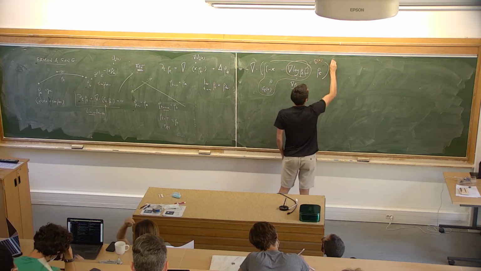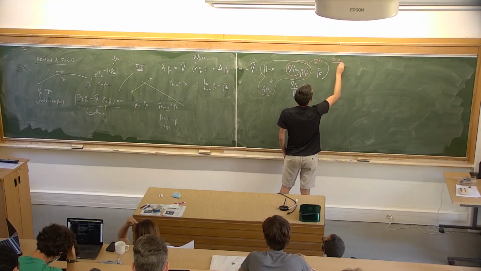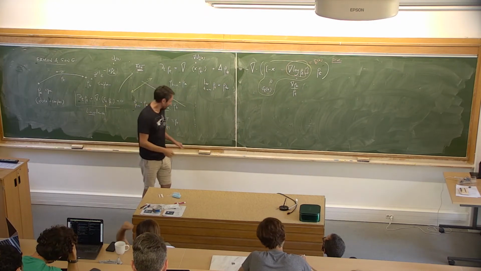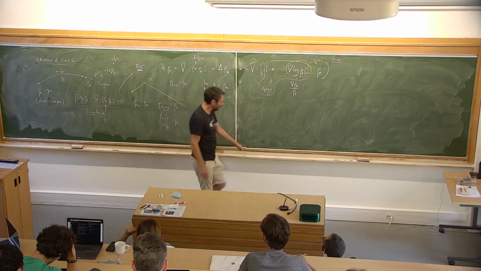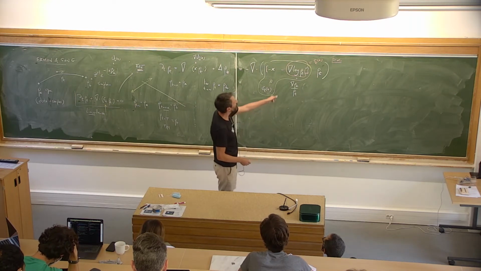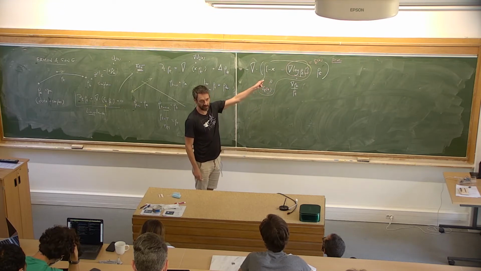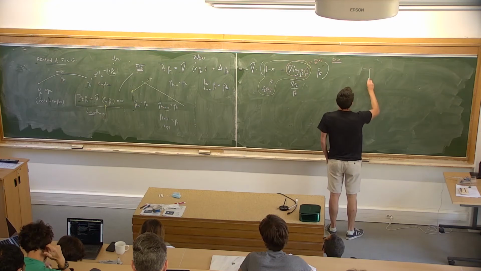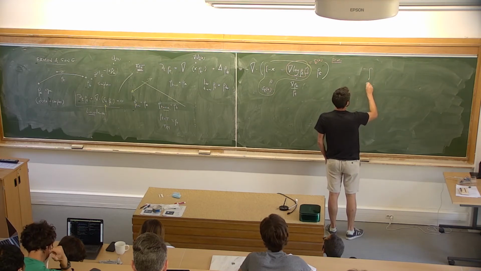It stands for the score, because it's like the Fisher score in statistics. Then you can write an objective function for this score. So what's the objective function? That's the Fisher divergence.